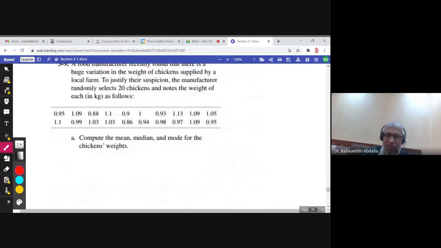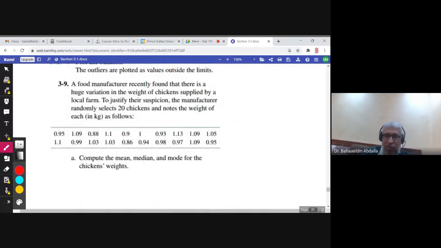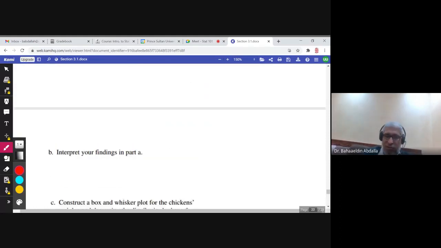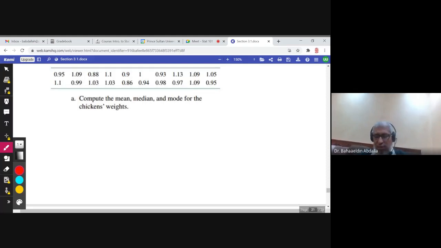So we have these numbers, and in part B, he will ask, construct a box and whisker plot. Let me start by sorting the data. If you look at the data, you can see that 0.86 is the smallest, then 0.88.